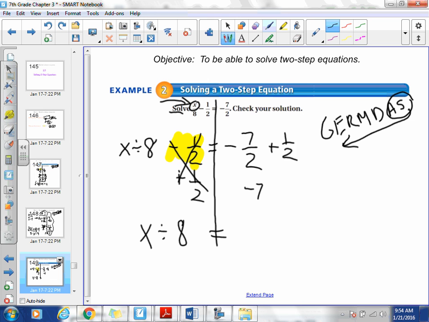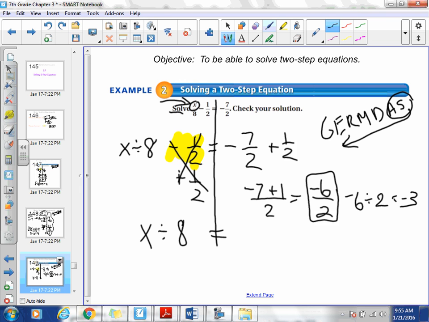On the other side, we have negative 7 plus 1 over 2. Negative 7 plus 1 is negative 6. Negative 6 over 2 can be simplified to negative 3, because remember, this means negative 6 divided by 2 as well. So negative 6 divided by 2 equals negative 3.